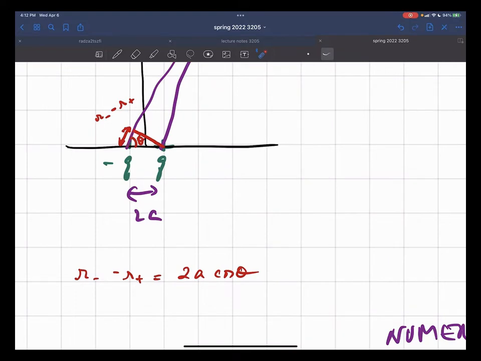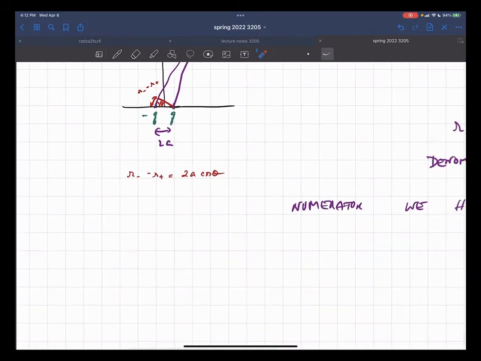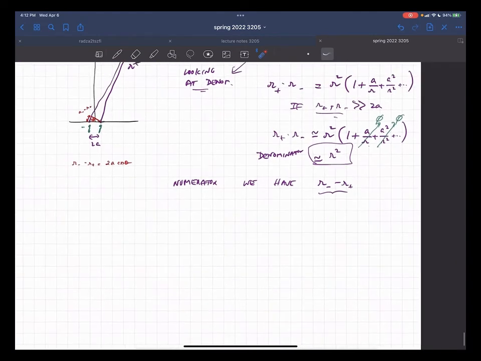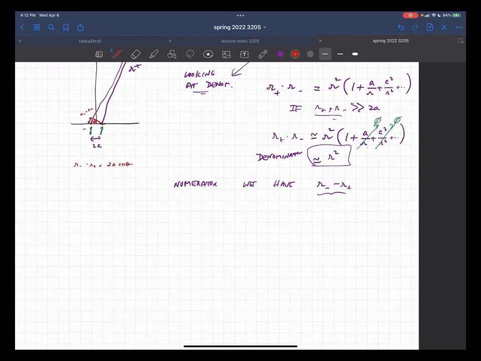So r minus minus r plus is equal to 2a cos of theta, or cos of theta is (r minus minus r plus) over 2a.